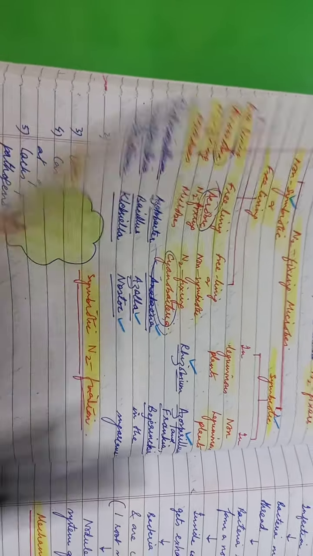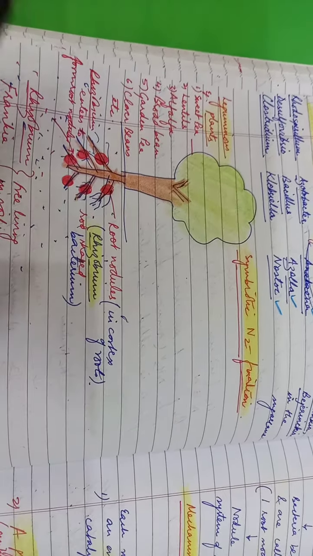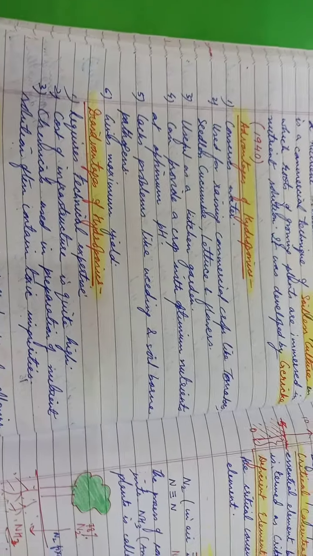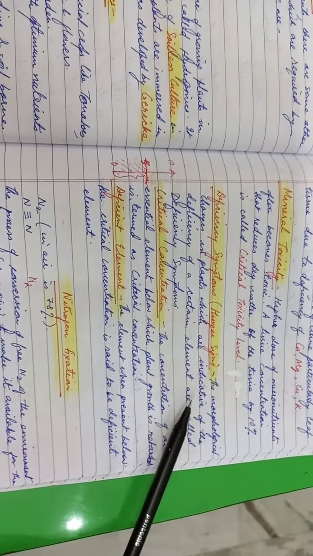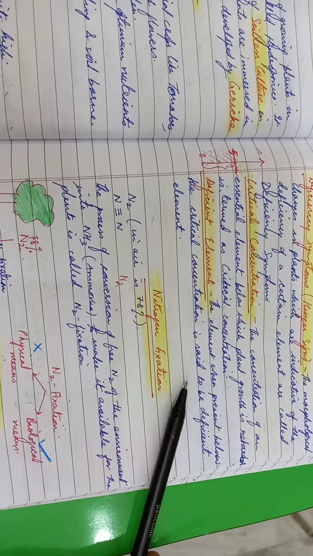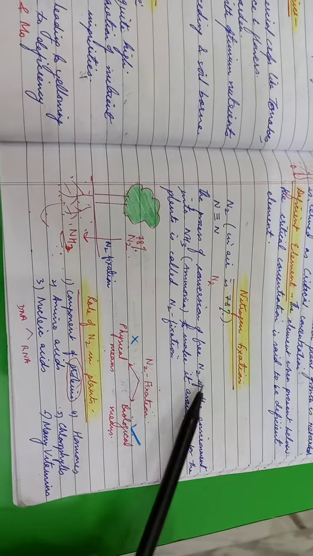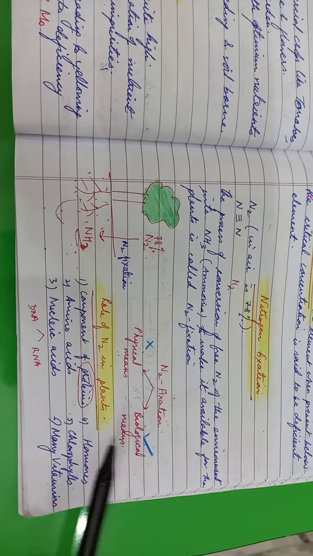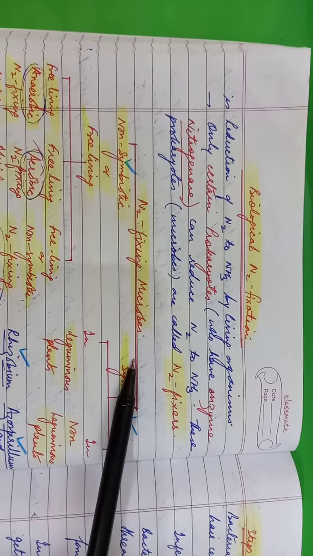So this is all for this video. In the next video, I am going to start with the symbiotic nitrogen fixation. So in this video, what have I explained, children? I have explained certain technical terms like mineral toxicity, hunger signs, critical concentration, deficient element, and then the starting of nitrogen fixation, why it is important, what are the methods of nitrogen fixation, and who does nitrogen fixation and why.